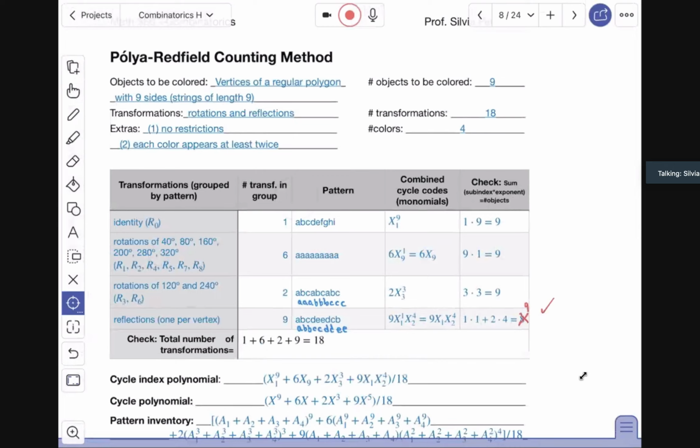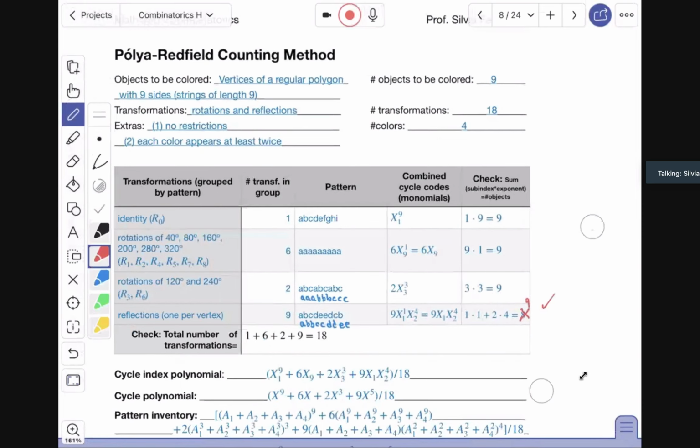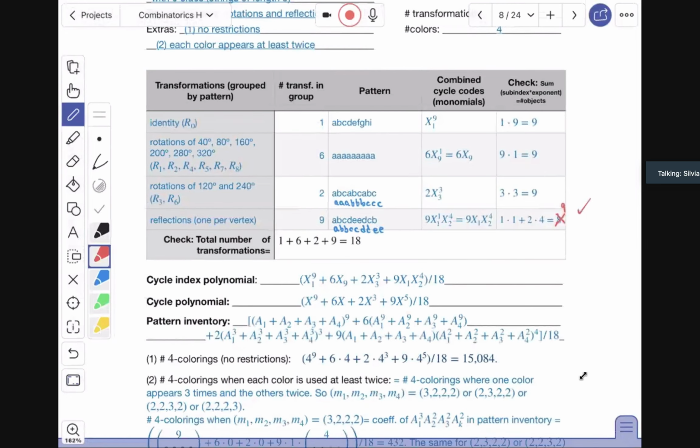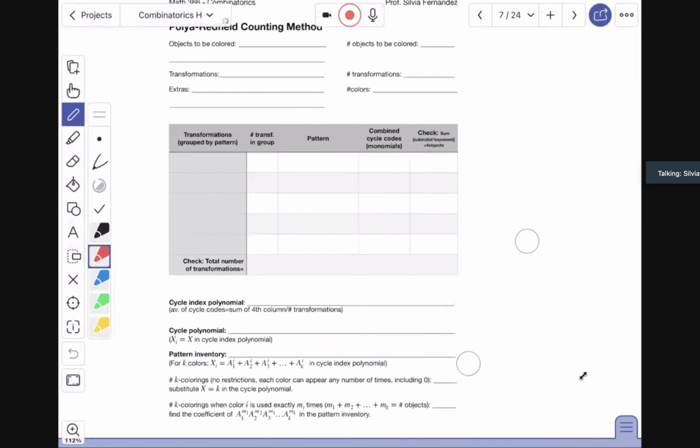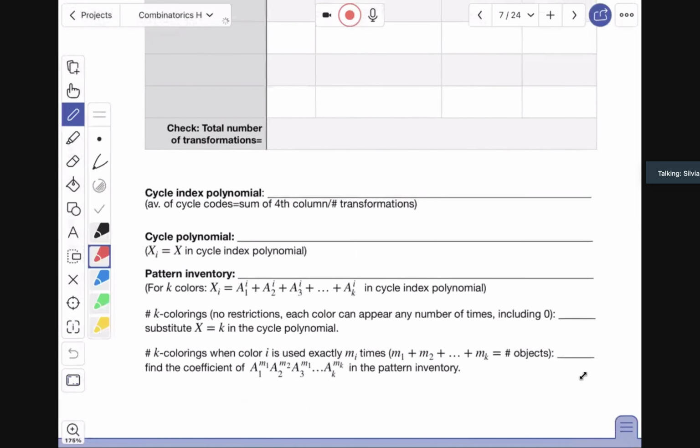The actual Pólya-Redfield counting method says that you can find these three polynomials, and in my form, I describe how to get them. The cycle index polynomial is just the average of the cycle codes, which is the sum of all the combined cycle codes that you got, divided by the number of transformations.